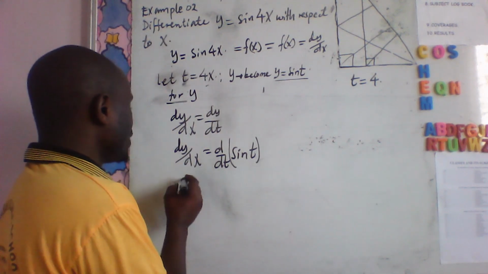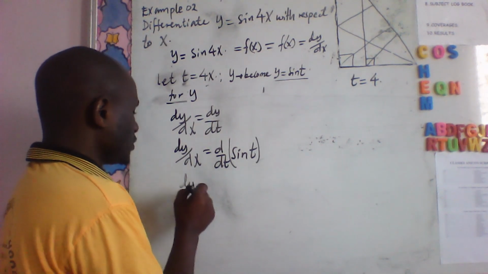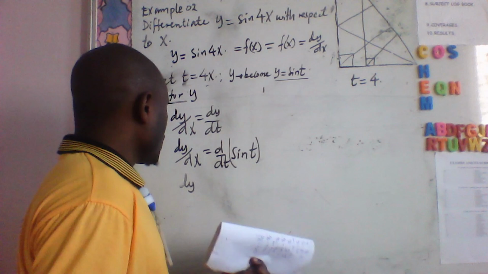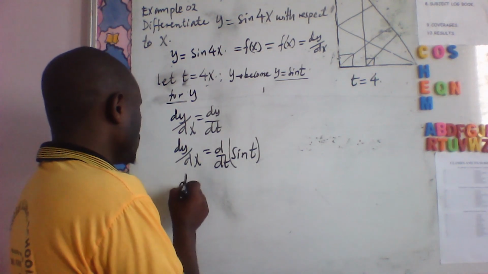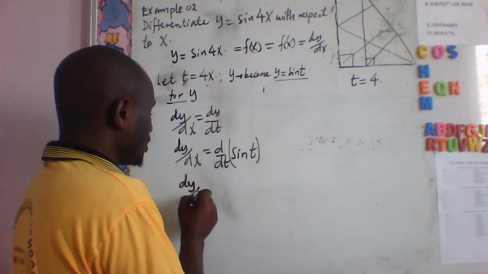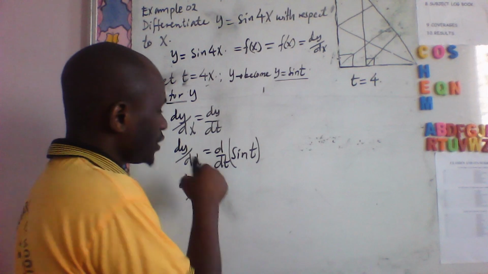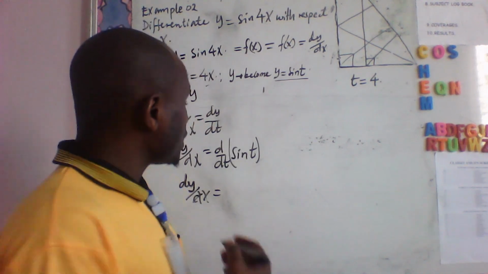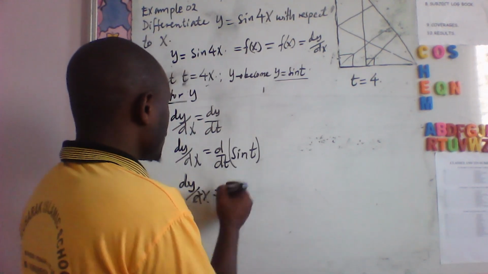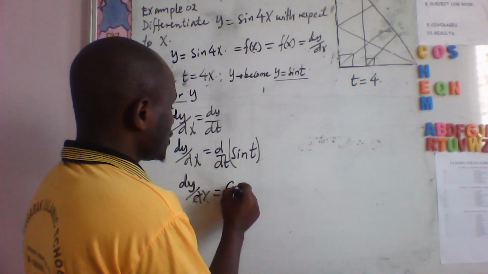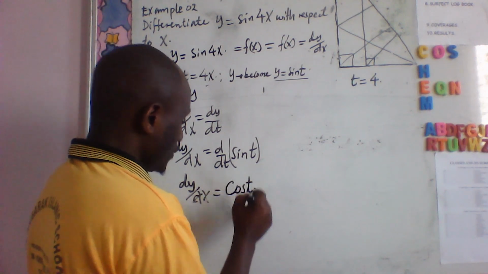So dy over dx here is equal to, when you differentiate sine, you get cos. So it becomes cos t.